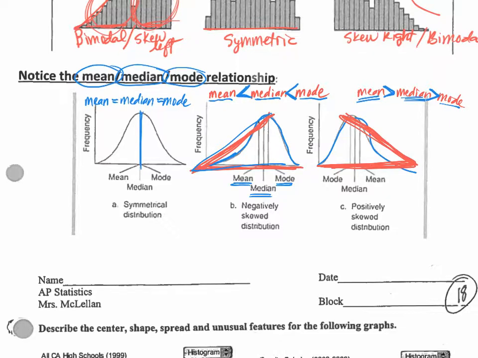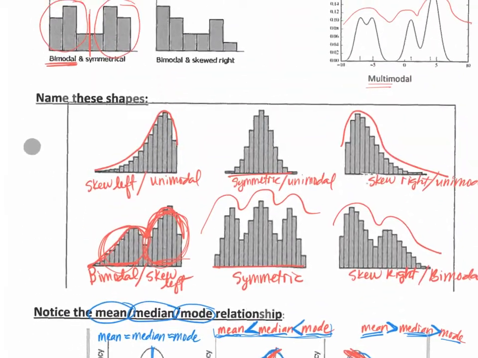So in summary, if you were just given the numbers for a mean, median, and mode, you could also determine the shape of the distribution. And also, of course, if you knew the shape of the distribution, then you would know that relationship between the mean, median, and mode. Okay, so that's all about the shape.